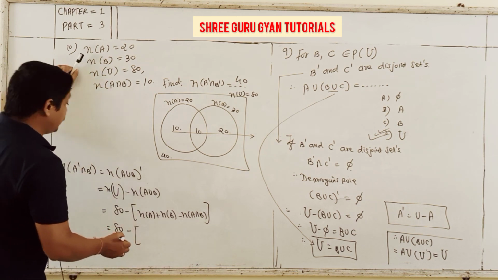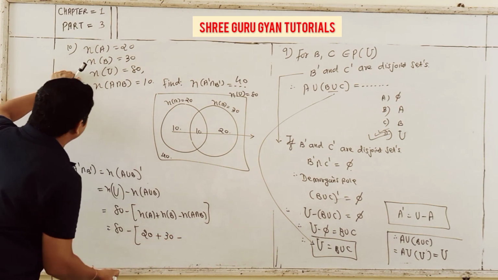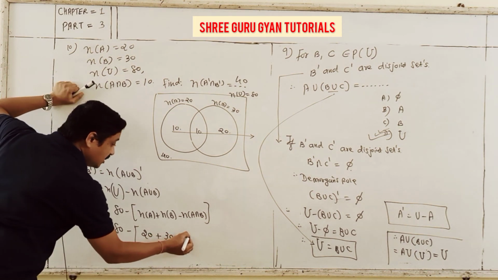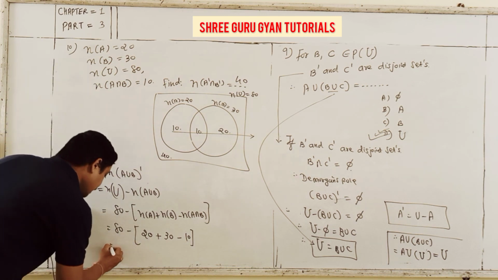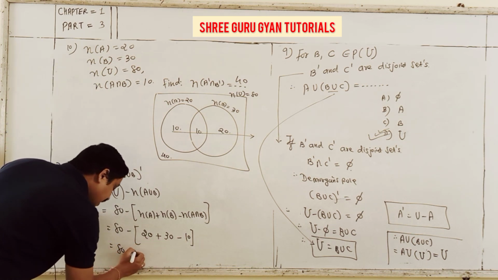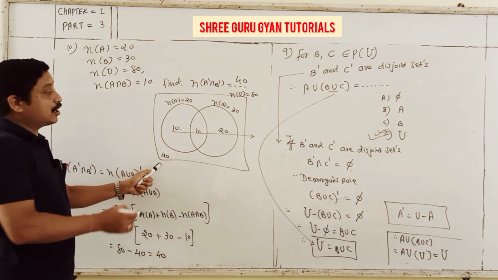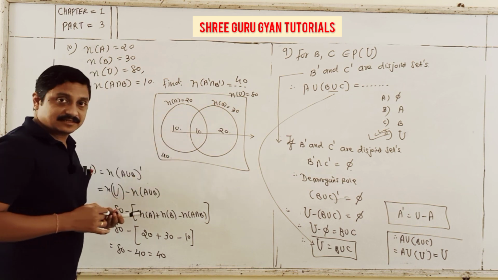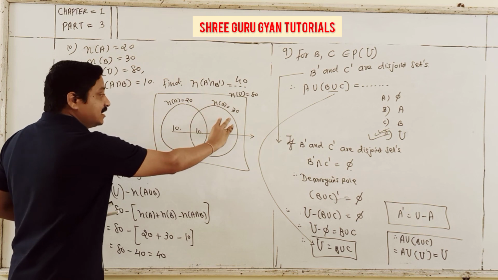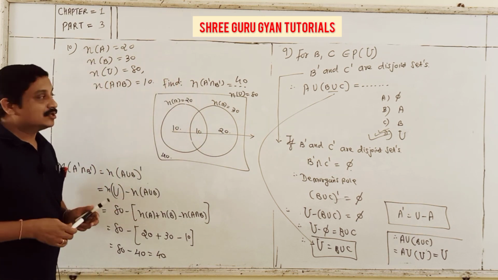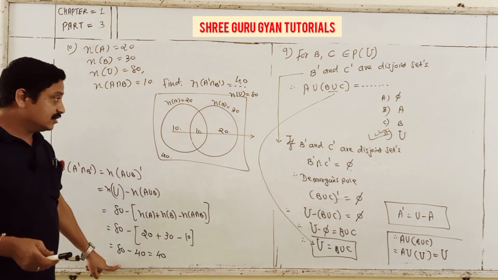N of A is 20, next N of B is 30, and N of A intersection B is just 10, and calculate the answer. So 80 minus 50 minus 10 is 40. These are the elements that are not covered by A and B sets. Only A is 10, intersection is 10, and only B is 20. So your final answer, A dash intersection B dash, will be 40.